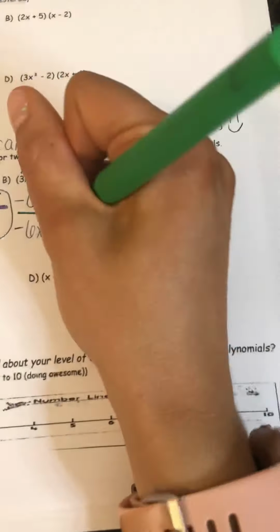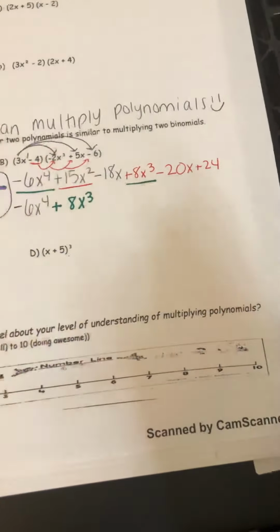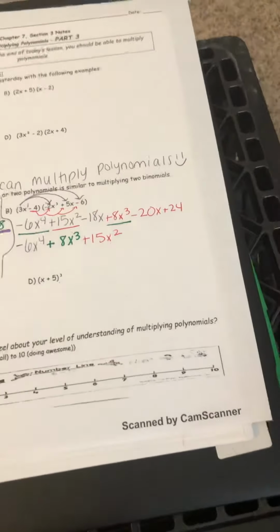Now my next highest term is my 15x squared, my squared term. And I don't see anything I can combine it with, so it's going to be 15x squared. Now I do finally see something I can combine. It is that negative 18x minus the 20x.